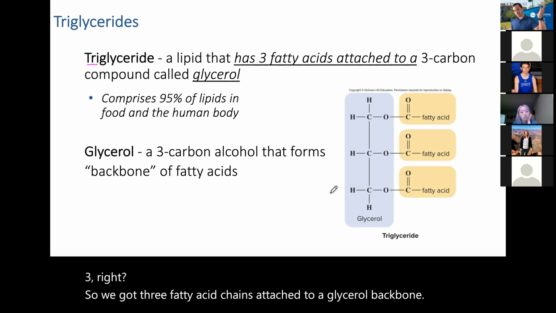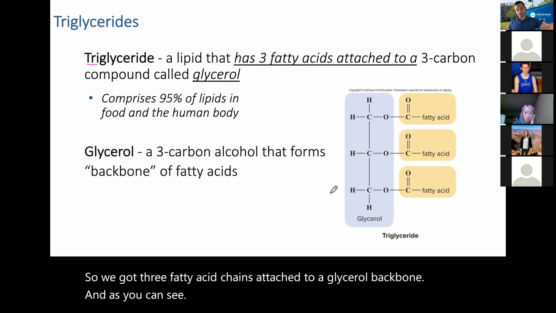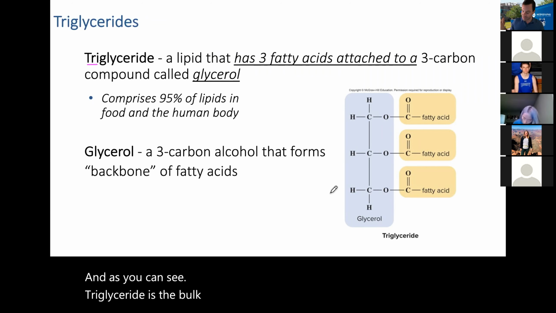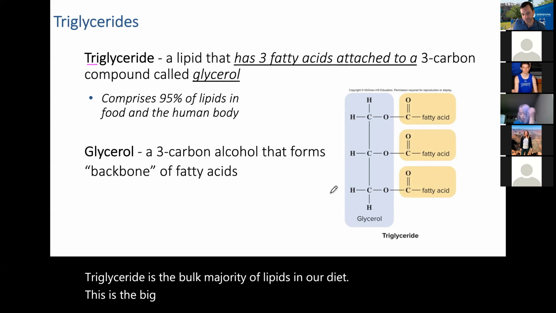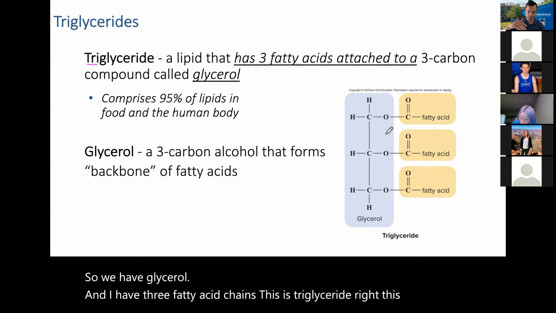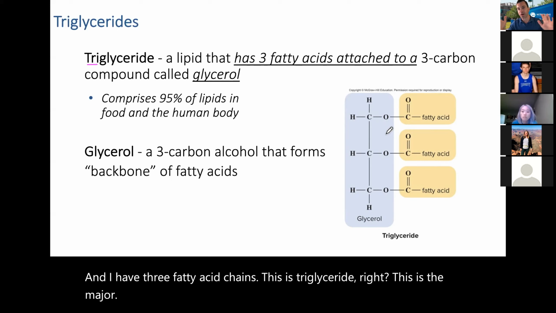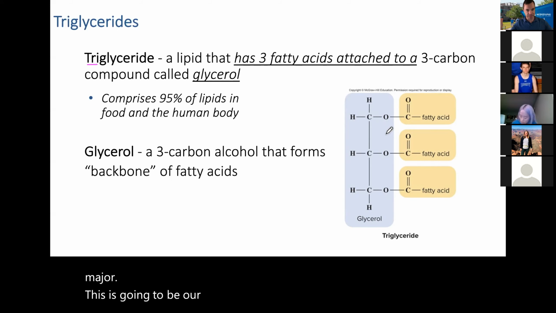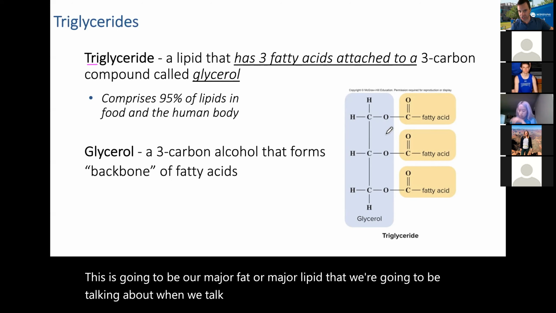And as you can see, triglyceride is the bulk majority of lipids in our diet. This is the big one here. So we have glycerol, and I have 3 fatty acid chains. This is triglyceride, right? This is going to be our major fat, our major lipid that we're going to be talking about when we talk about digestion.